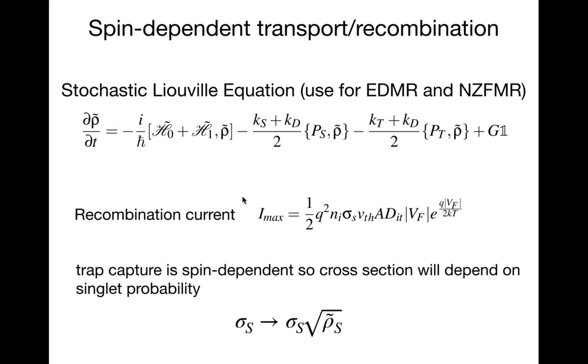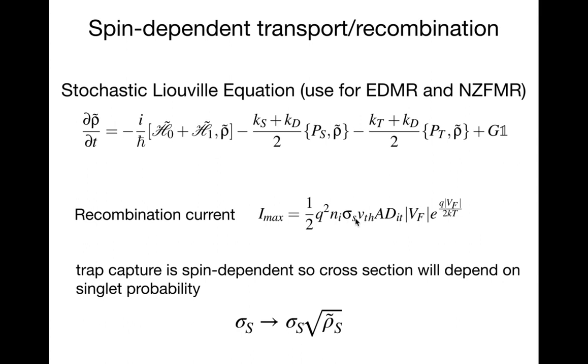Experimentally, what's being measured are recombination currents, so we can look at an expression for recombination current, and what's going to be spin dependent here is our capture. This sigma s is the capture of the deep defect with one of these shallow donor spins or free spin and whatnot.